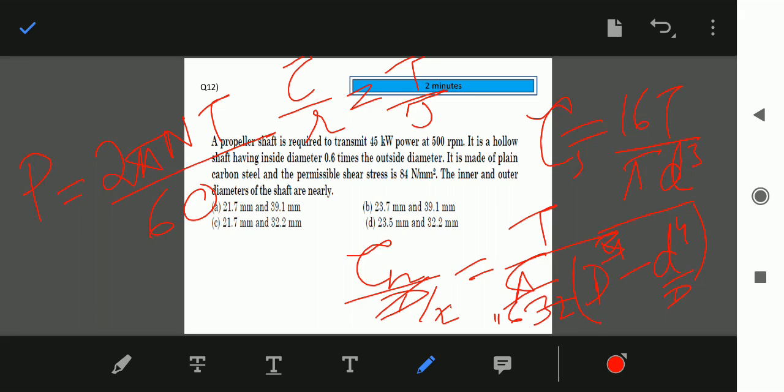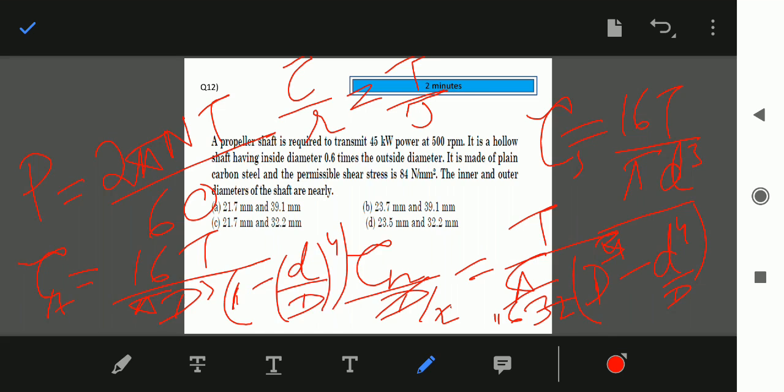On taking d cube common you will get tau of hollow is given out to be 16 T upon pi d cube into 1 minus small d upon capital D whole power 4. This is for the hollow shaft, and this is for the solid shaft. So you have to remember this formula.